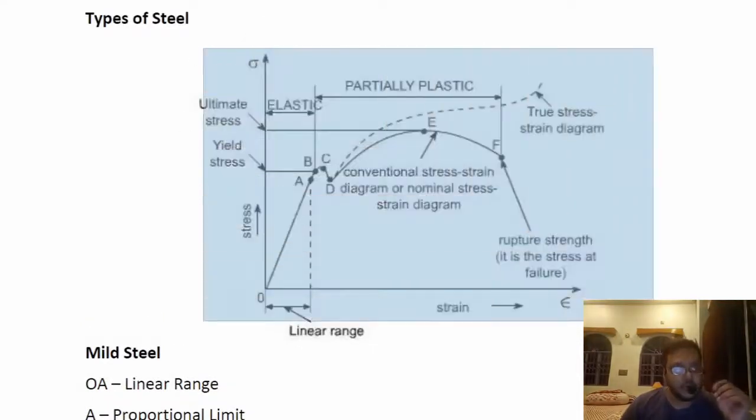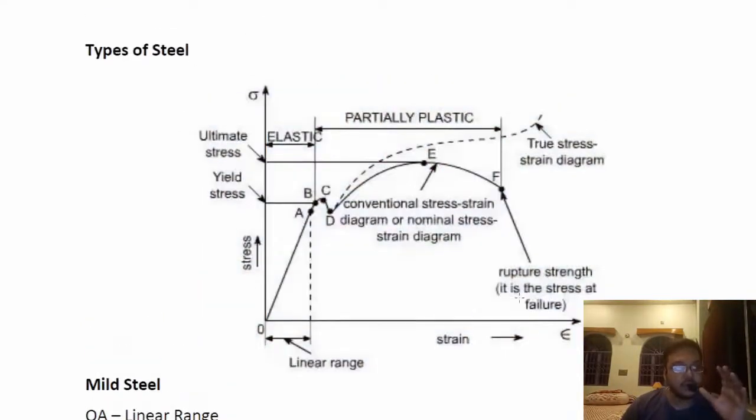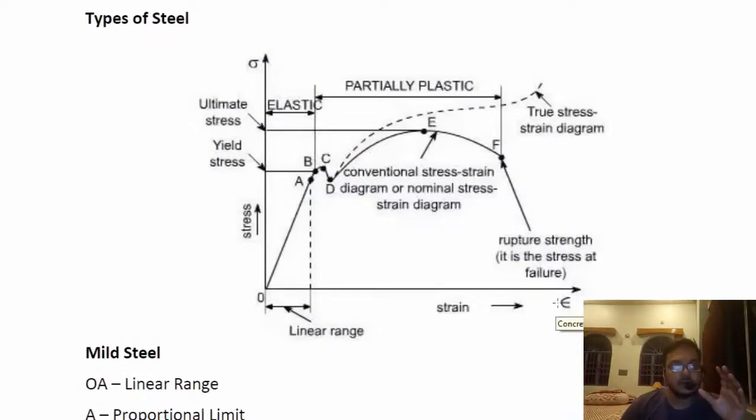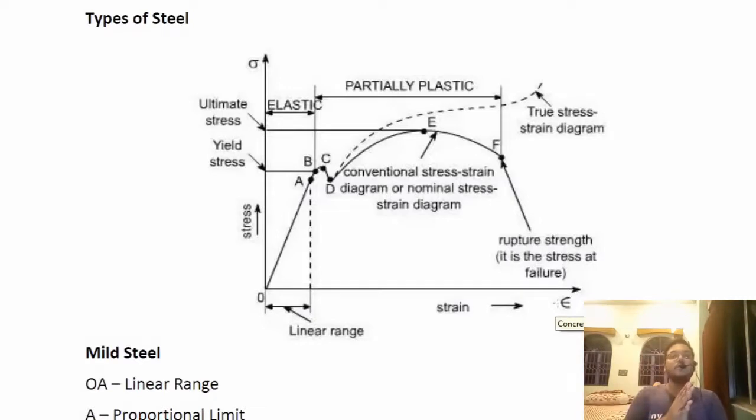And before we go on to that, let me discuss with you the stress strain diagram of a particular steel, because previously for concrete we had seen that the graph was somewhat parabolic, and at a certain stage the concrete showed a good amount of brittleness and broke down.